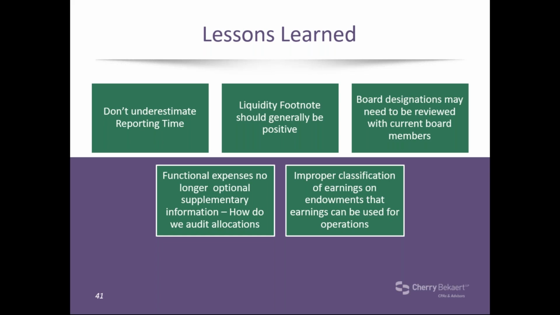Also, one of the things that we've seen is that presenting the reports in the new format has required additional time in audit committee and finance committee presentations, so they can see what the changes are. So don't forget that it probably will take a little bit more time, and you may even have additional time within your normal internal finance staff reviews. So don't forget about that.